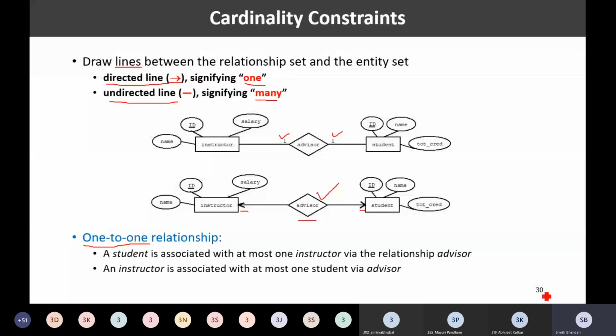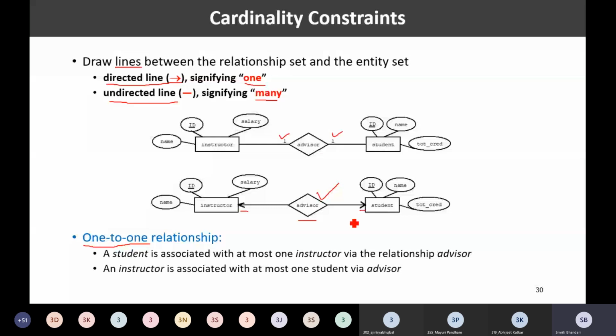We may make use of any of these notations to denote one-to-one relationship. Either we may provide here the number 1, 1, so that this will indicate that advisor relationship is one-to-one, or we may indicate like this with the directed lines.